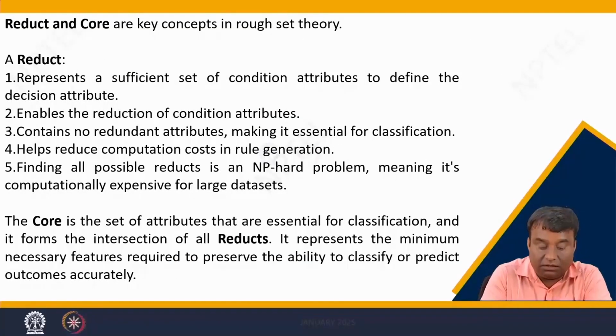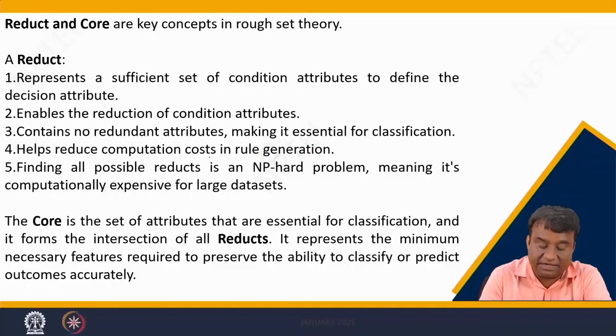Again, you know the concept of reduct and core. Study one more time. A reduct represents a sufficient set of condition attributes to identify the decision attributes. It enables the reduction of condition attributes. It contains no unnecessary attributes, making it essential for classifications, helping reduce computation cost in rule generations.